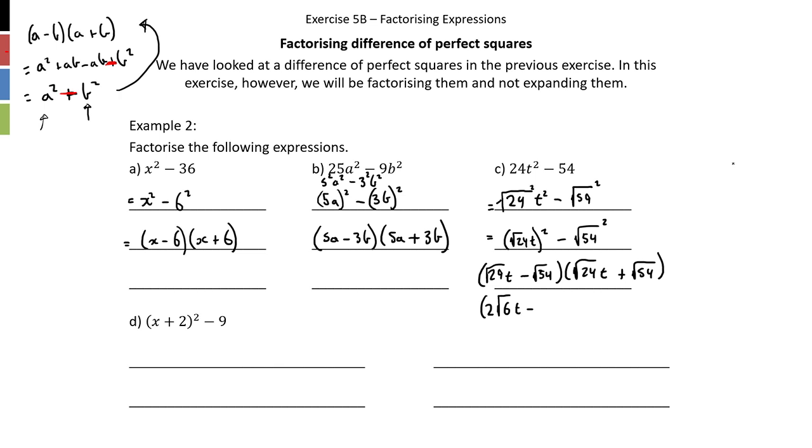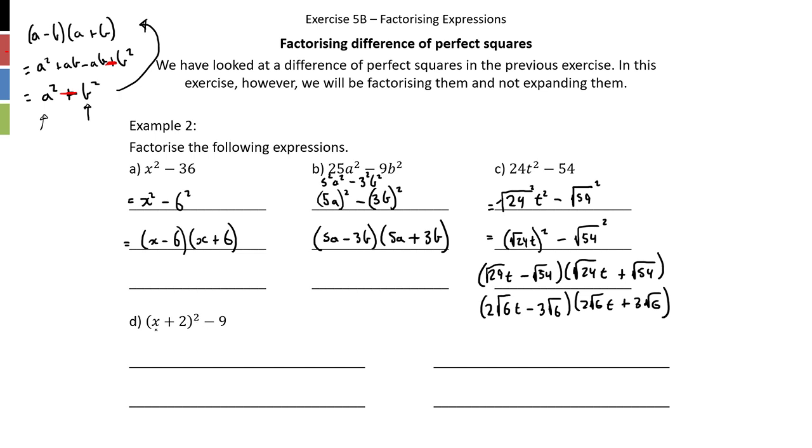Let's see, that would be 9 sixes. Yes, that would do 3 root 6, bracket root 24t plus 3 root 6. And it would actually be helpful to simplify these surds first, so you're not having to put off first before you split it up into brackets.